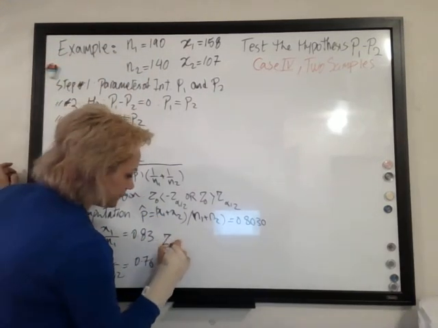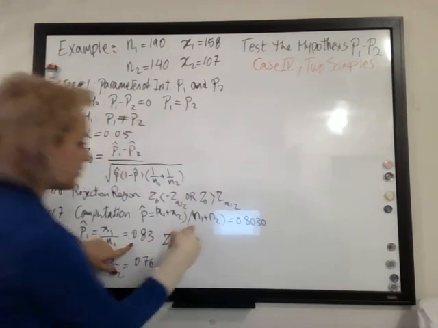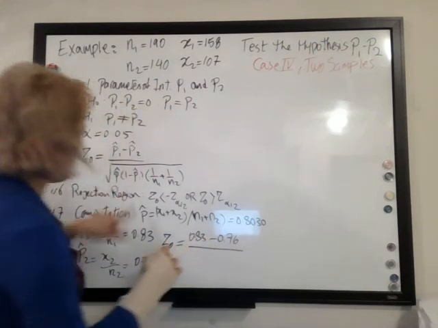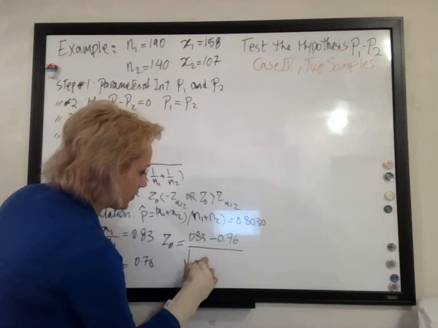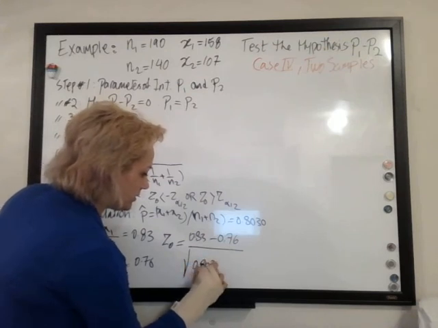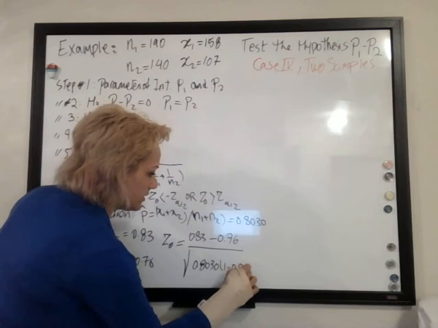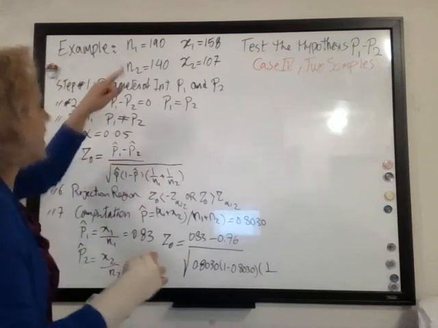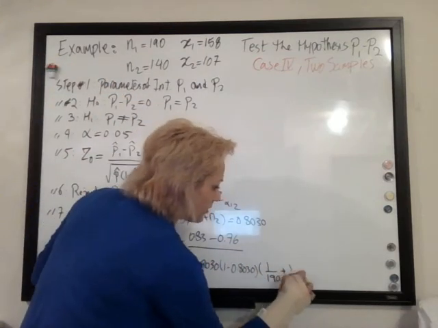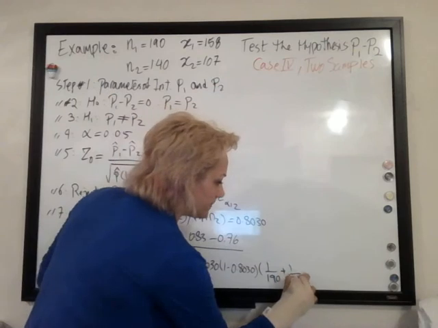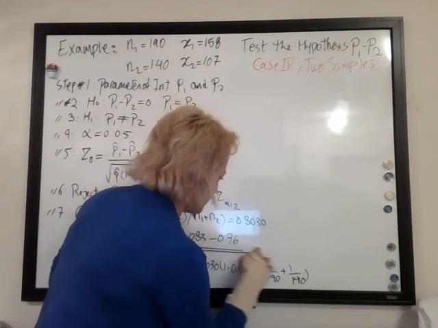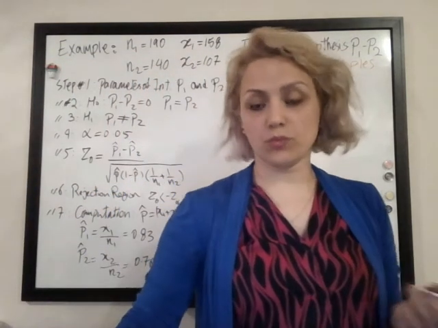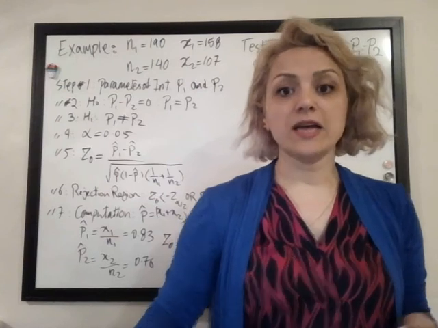So for Z0, P1 estimate 0.83 minus 0.76 divided by the square root of 0.8030 times 1 minus 0.8030, and then times 1 over N1 190 plus 1 over N2 140, right? So here I can find Z0, the test statistic, and it's going to be 1.58.